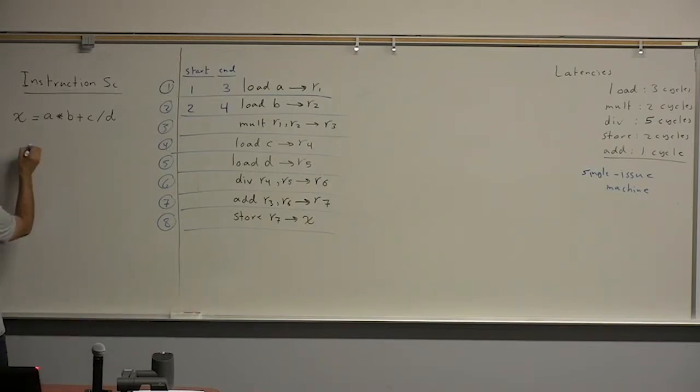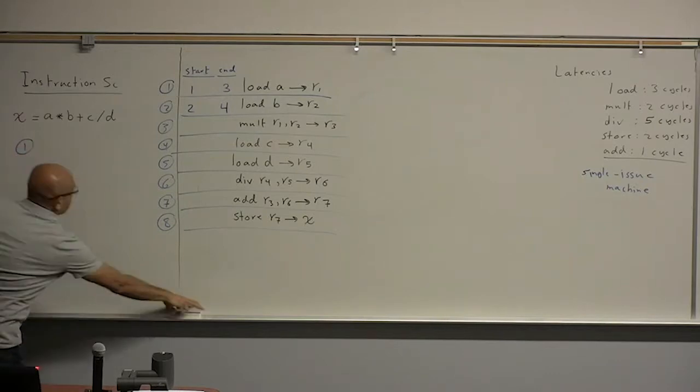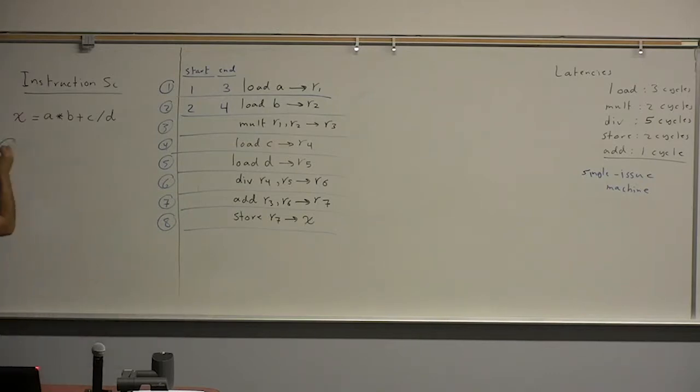So it's going to be 1 and 2. 1 and 2 are independent, and 3 depends on both 1 and 2, because it uses the results of 1 and 2. So this is our data dependence graph.